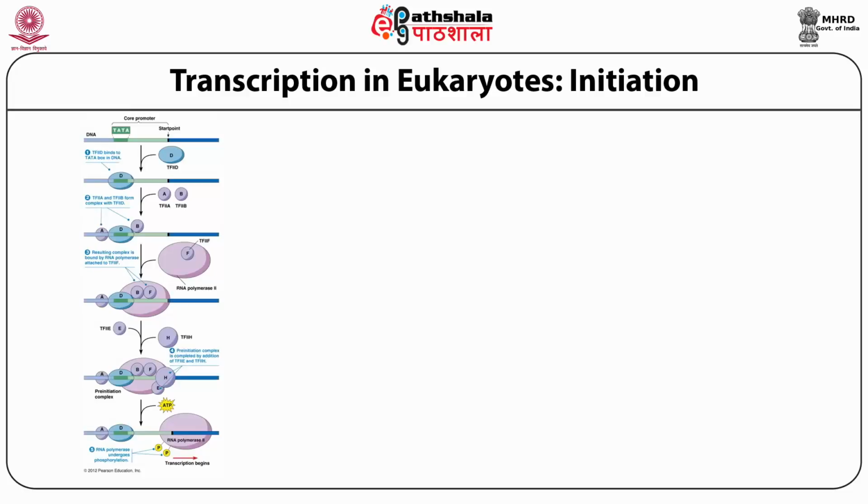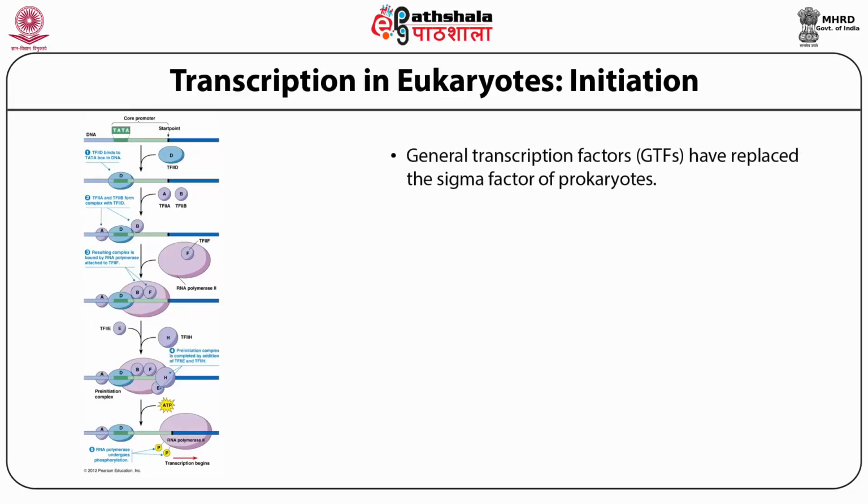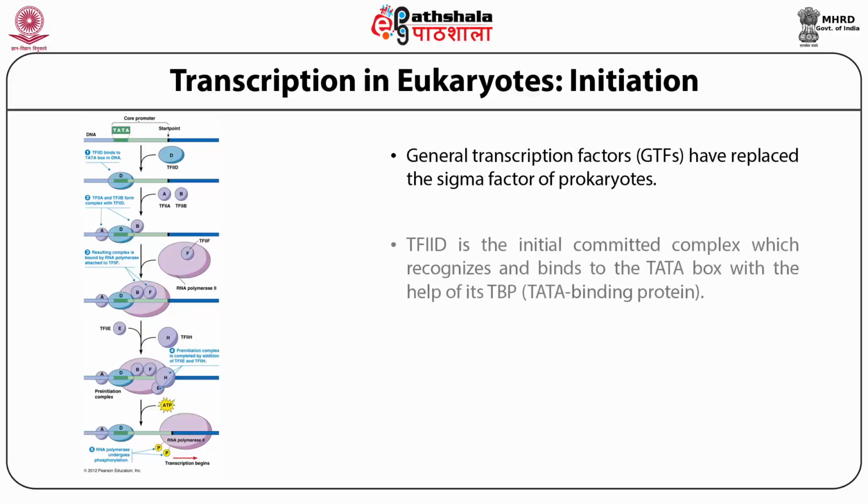Transcription in eukaryotes, initiation. General transcription factors, GTFs, have replaced the sigma factor of prokaryotes. Transcription factor 2D is the initial committed complex which recognizes and binds to the TATA box with the help of its TBP, that is, TATA binding protein.